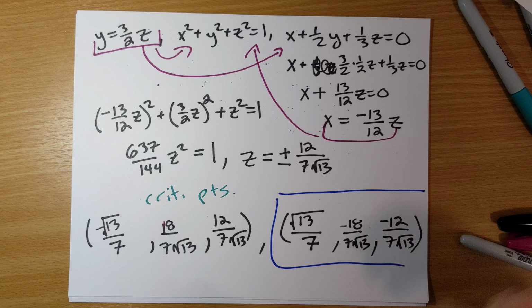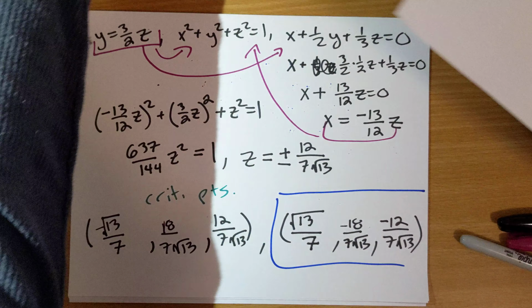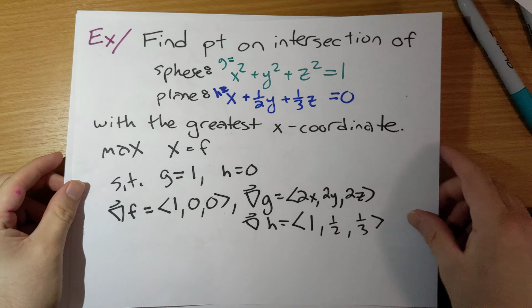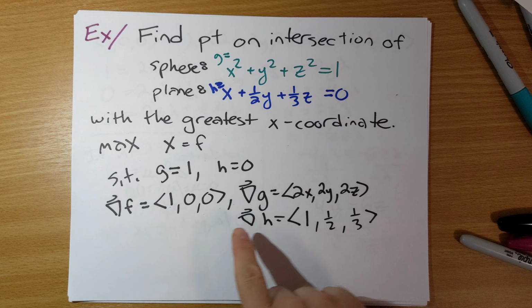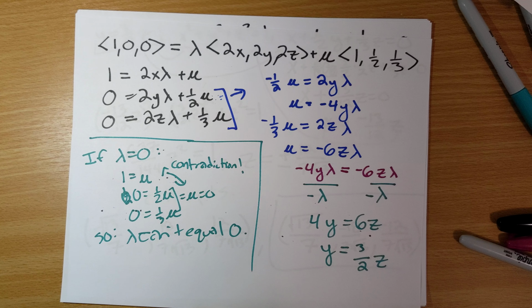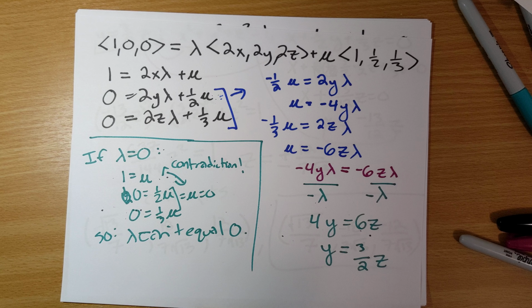Okay, so longish problem. I guess, what are the morals of the story here? We had two constraints, we have two gradients, and we have two Lagrange multipliers in our Lagrange equations. And then it just becomes a big crunch to solve a system of equations.